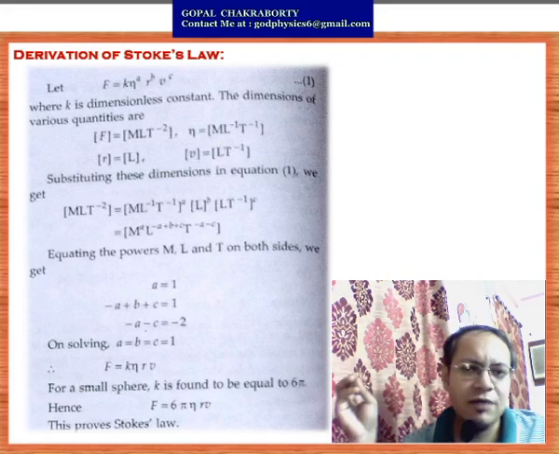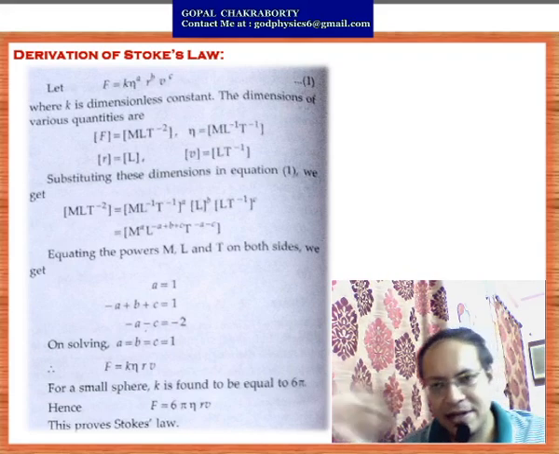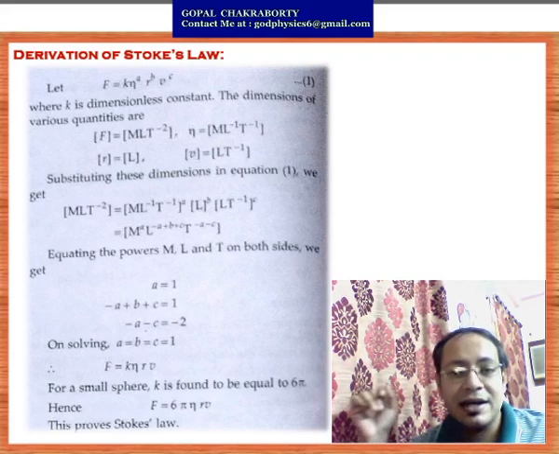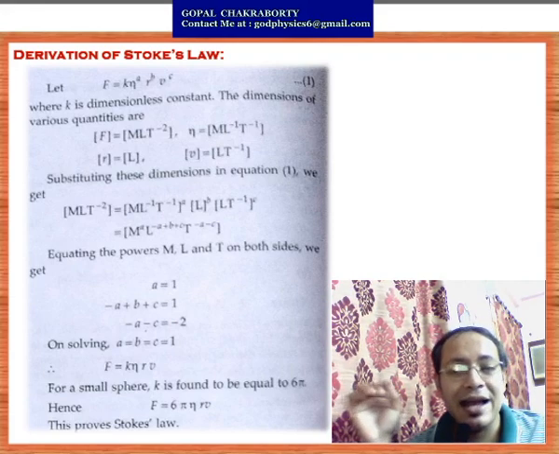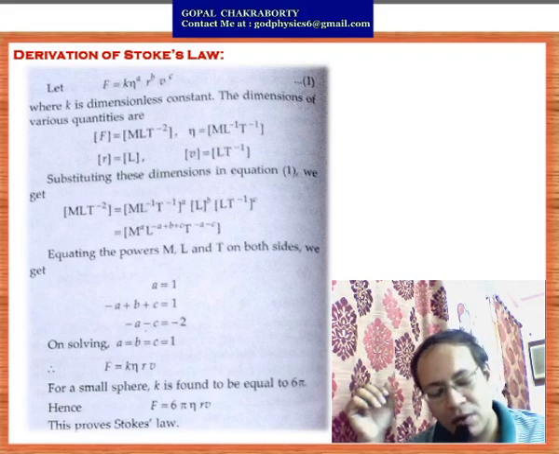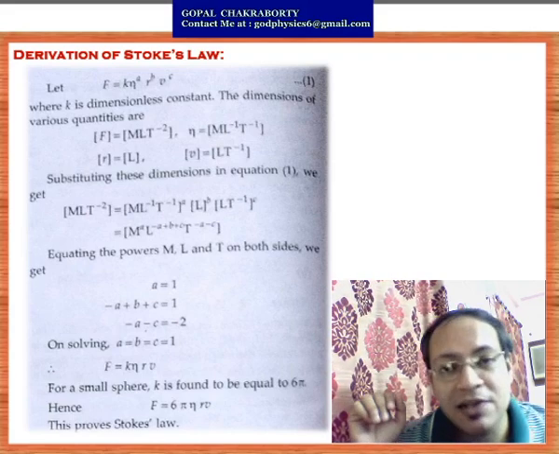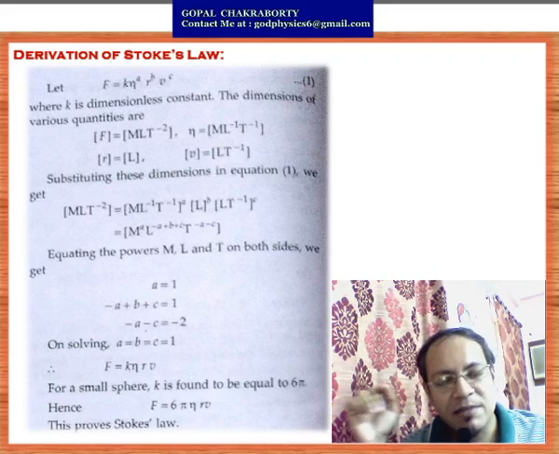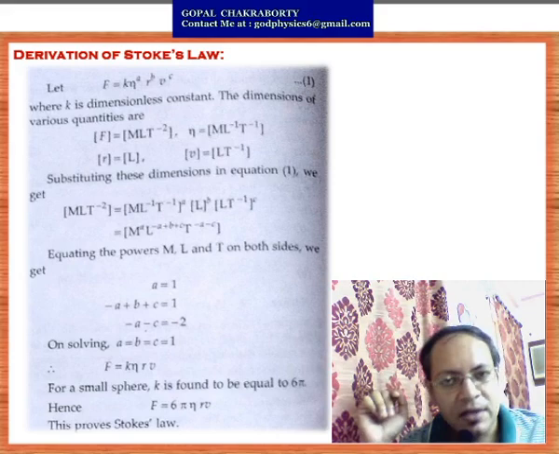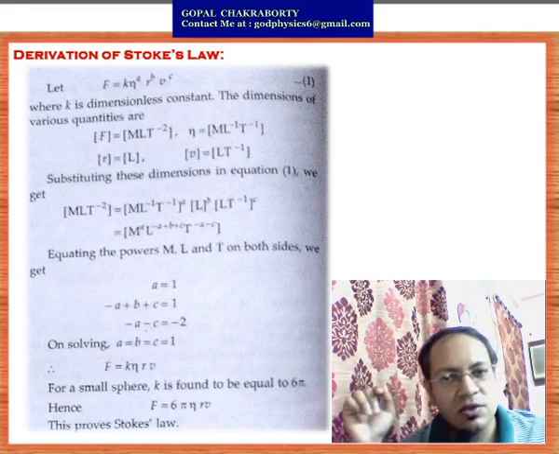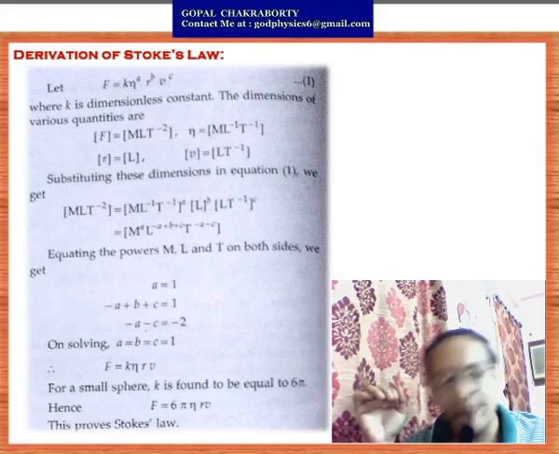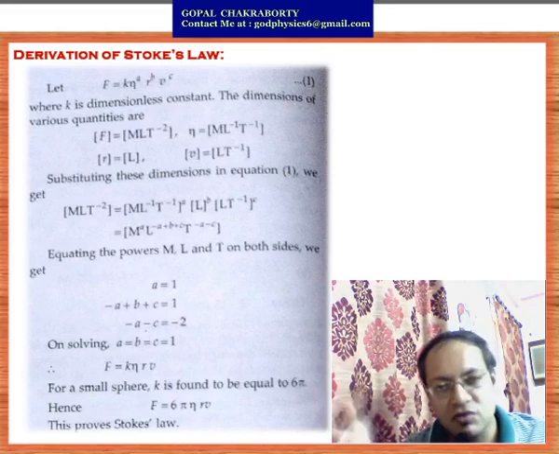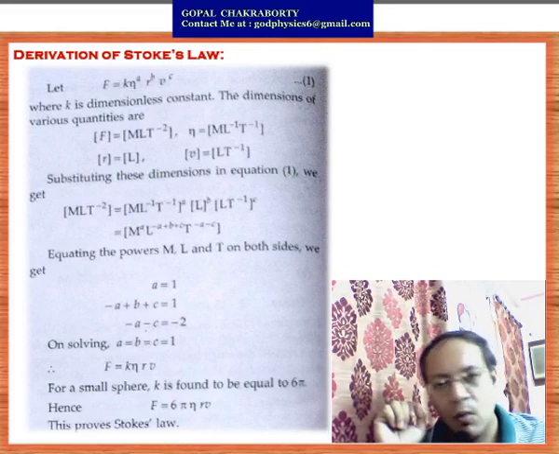Now equating the powers of M, L and T, you get a equals 1, minus a plus b plus c equals 1, and minus a minus c equals minus 2. Solving these three gives a equals b equals c, that means all equal to 1.